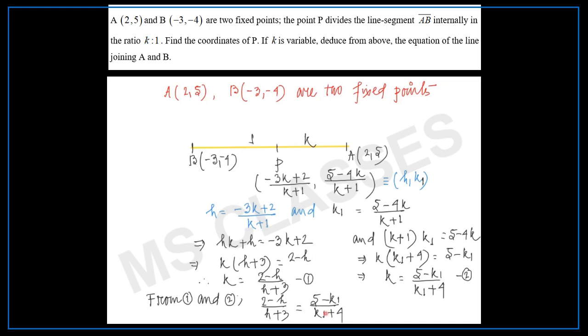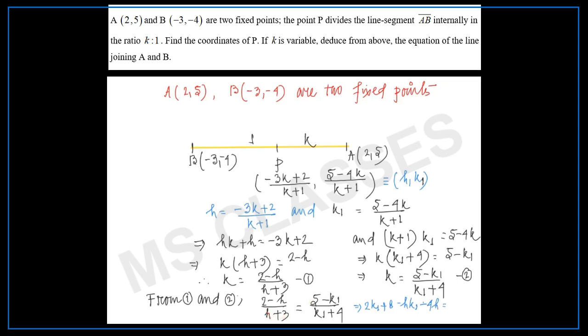Now we can cross multiply to get the result. If we cross multiply, we get 2k1 + 8 - hk1 - 4h equals the right hand side, 5h + 15.